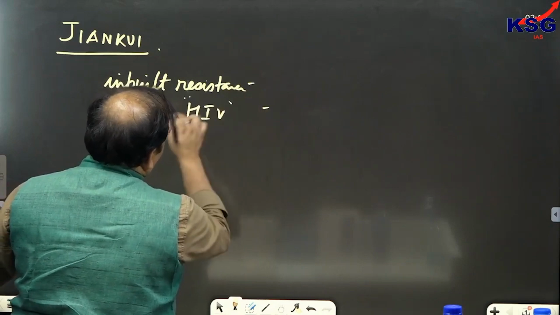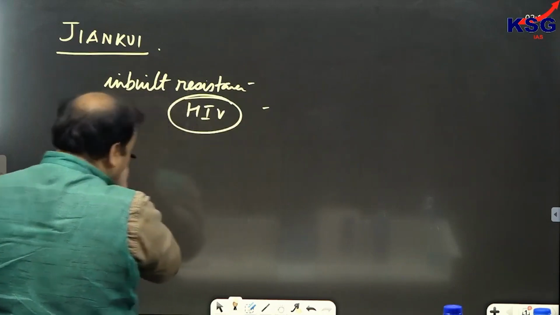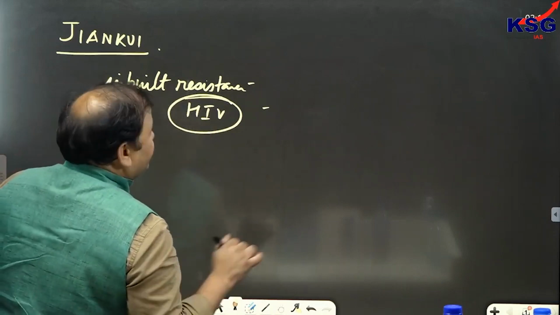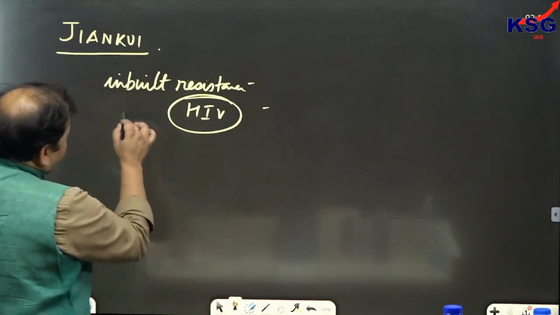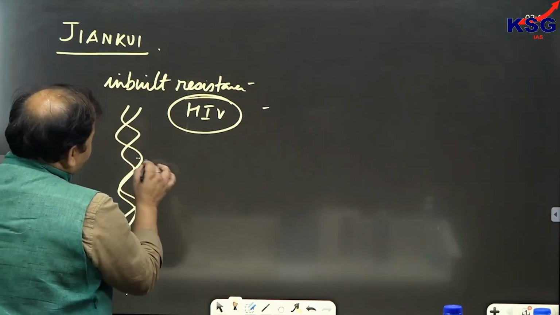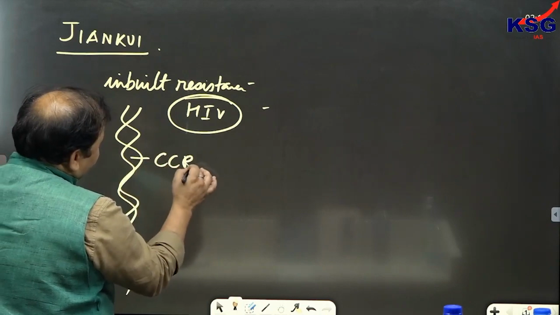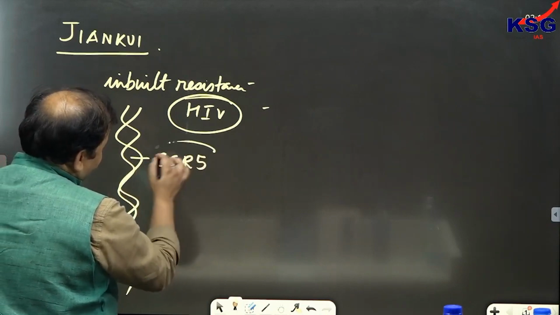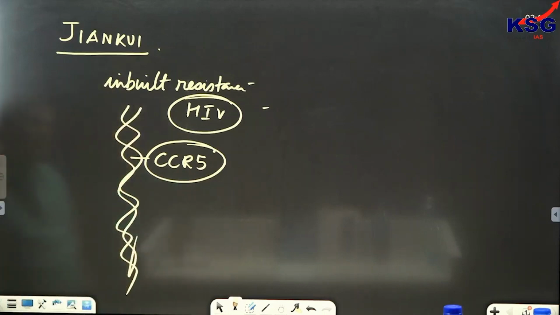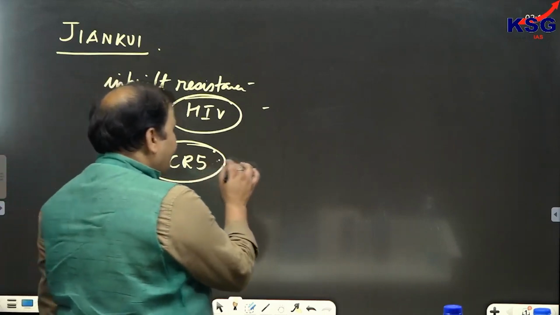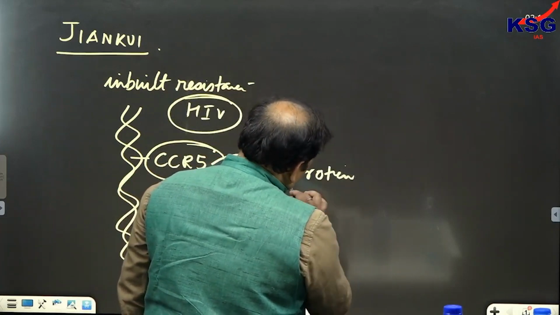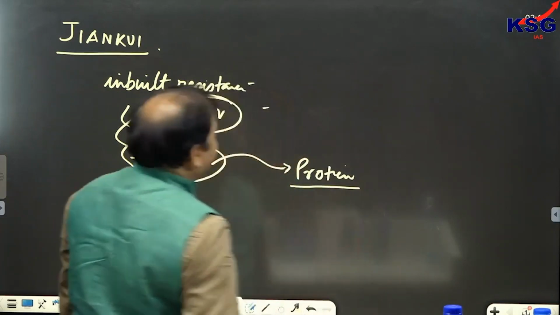How? Now you can see how. In the genetic makeup of humans, there is a gene which is called CCR5. Now CCR5 is responsible for codifying for a protein which allows the invasion of HIV.